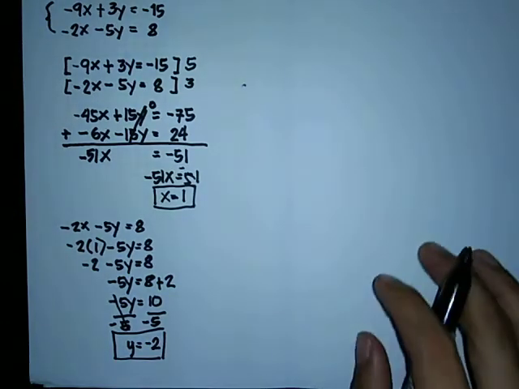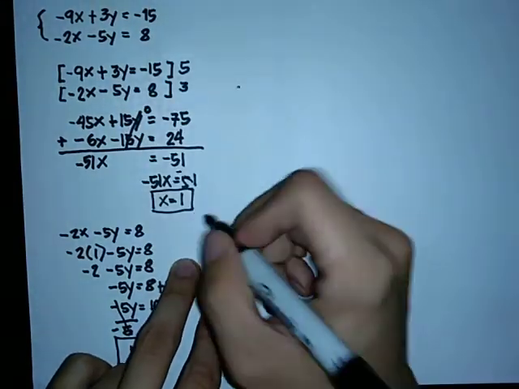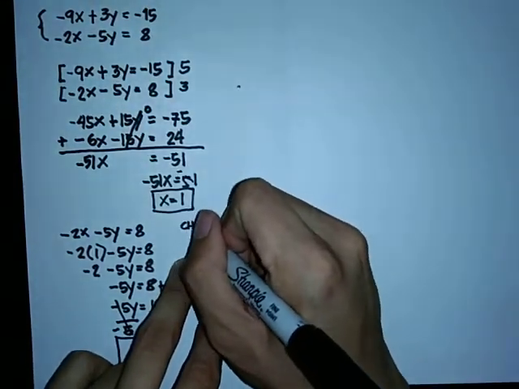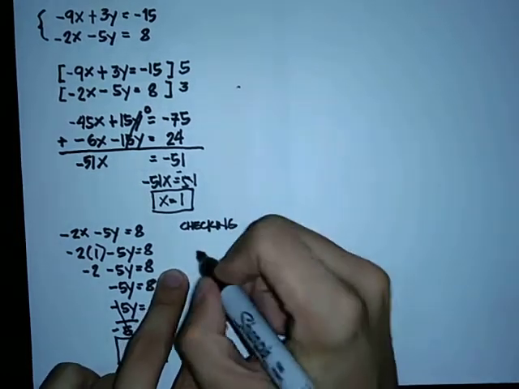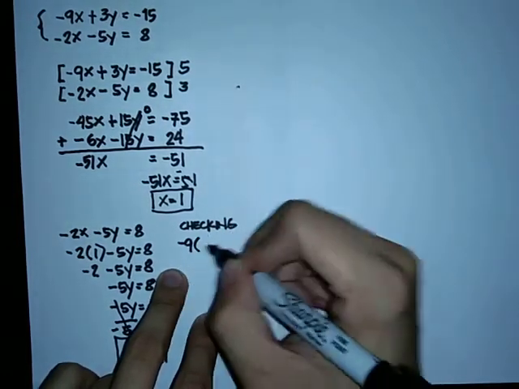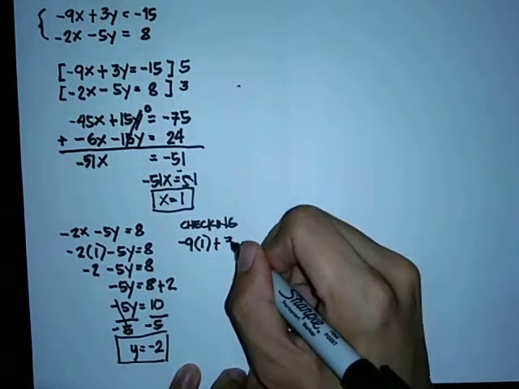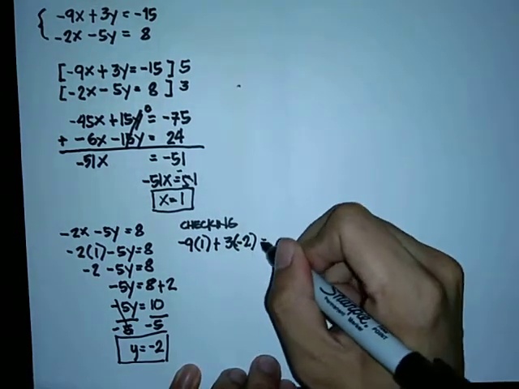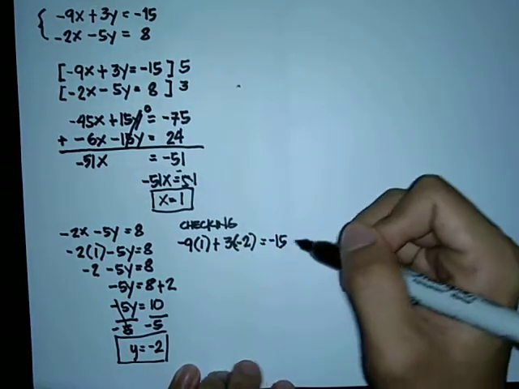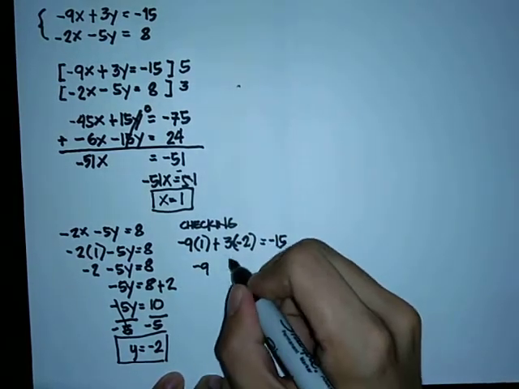Yan. So for checking, let's check gamit yung ating equation number 1. So we will have negative 9 times x, which is 1, plus 3 times y, which is negative 2, equal to negative 15. So negative 9 times 1, we have negative 9.